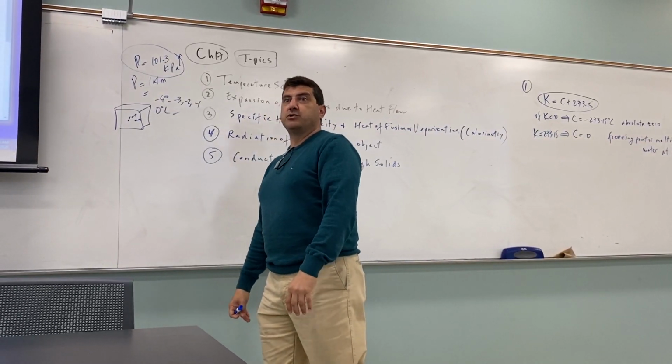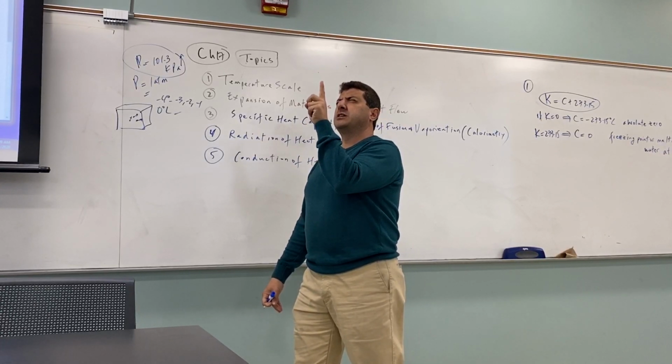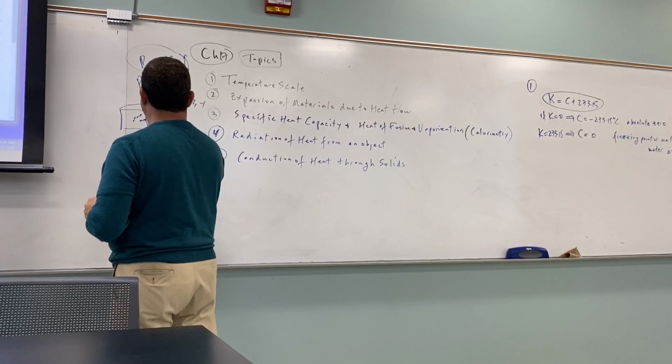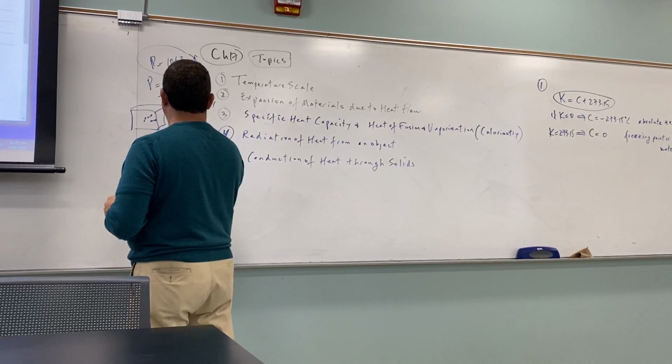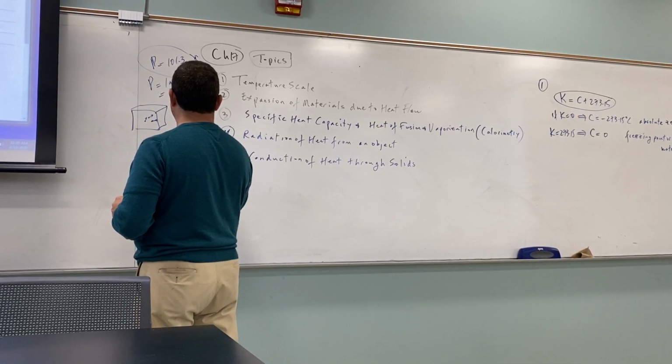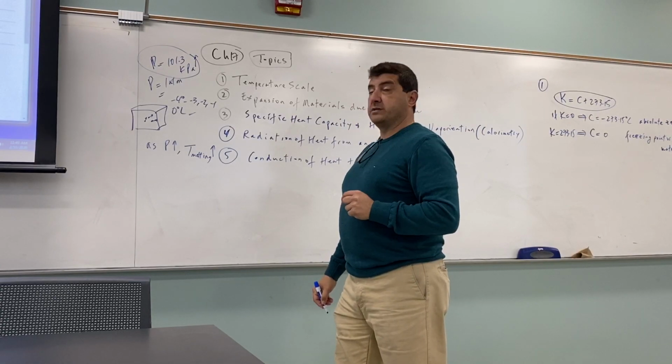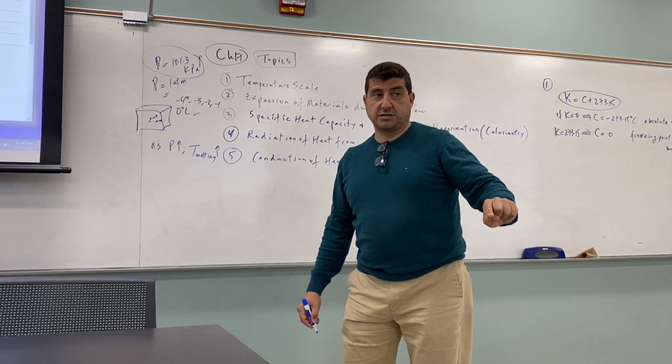As you increase the pressure, the melting point goes up. As pressure goes up, T melting goes up. So that means it becomes harder to melt the ice.